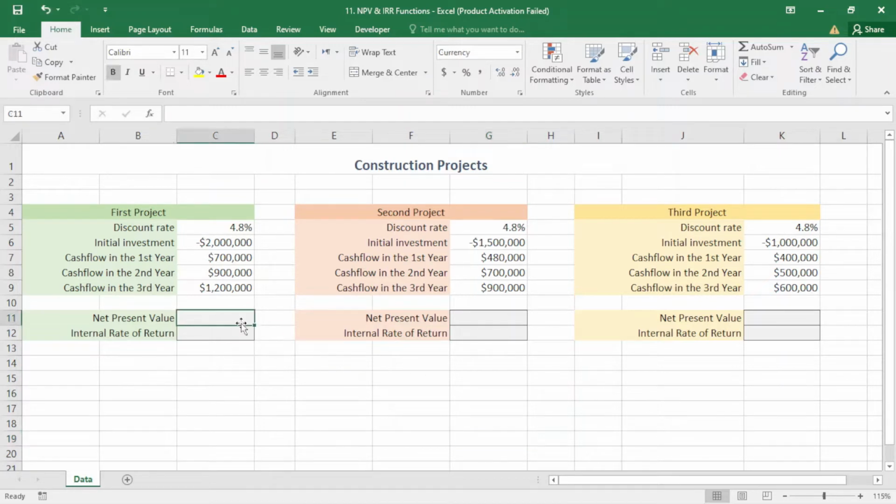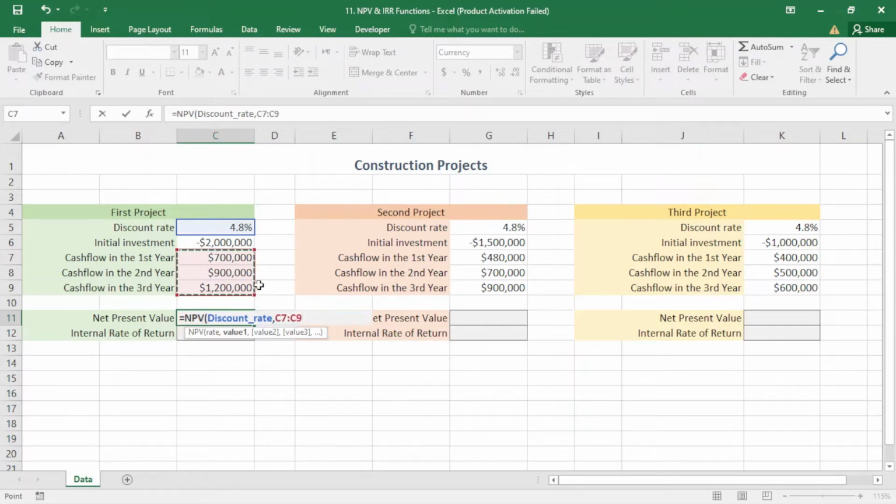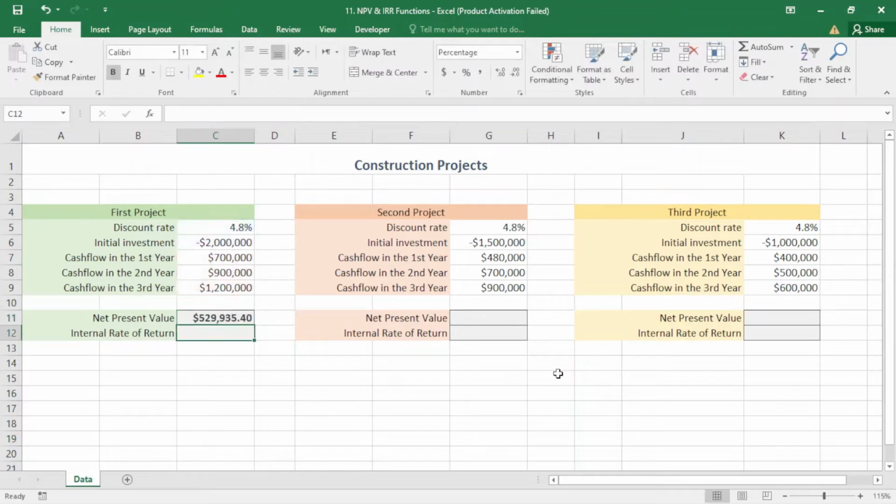So I just come here and write an equal sign, NPV, tab, and first I select the rate, after that a comma. First I select the cash flow, close the bracket, plus initial investment, and enter.